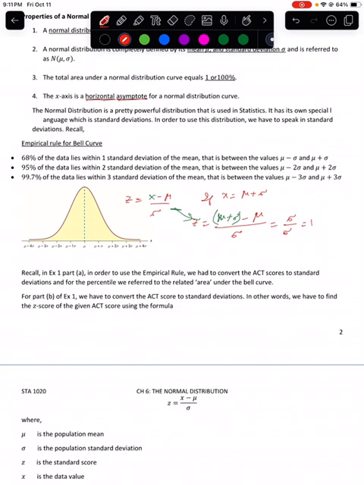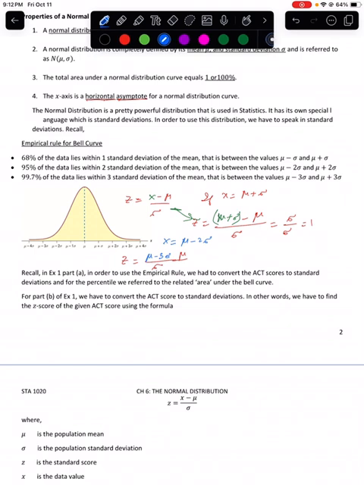Now what about the left side? Let's take a new color. If our x is, let's say, mu minus 3 sigma, we plug this value for x into the formula. At the bottom we have sigma, and we have mu over here, and in place of x we use mu minus 3 sigma, minus mu.